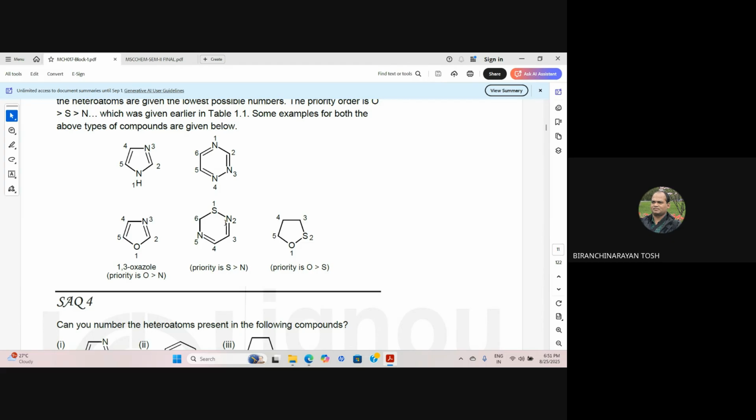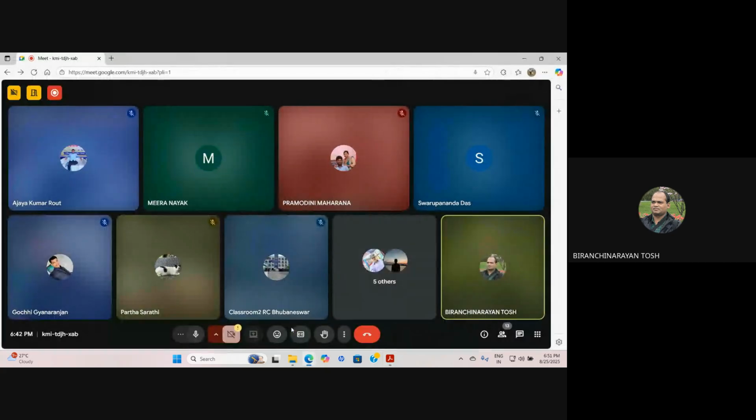Similarly here sulfur and nitrogen are there. Sulfur has the first priority.